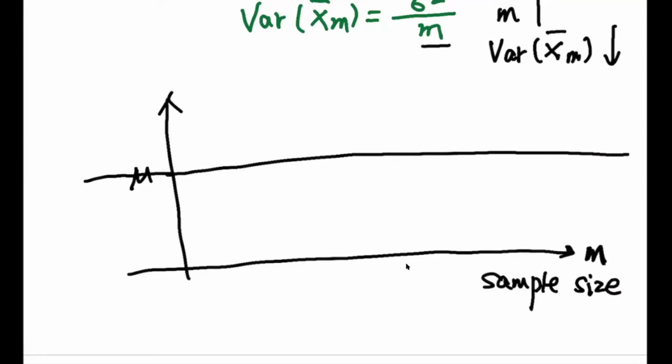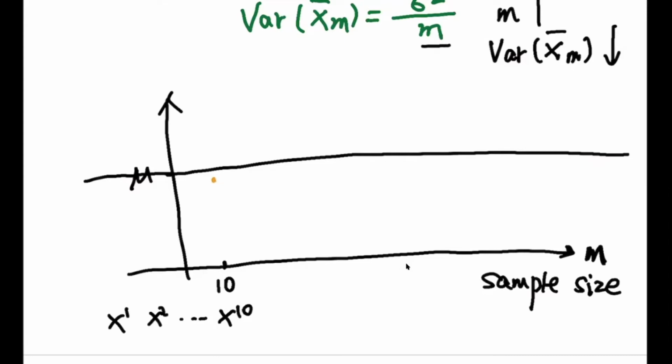And then say I'll use a smaller number firstly, say it's 10, and then I will get x1, x2, ..., x10. I will calculate their average, and then I will get a point. Say maybe it's a little bit smaller than mu. Say it's here. And then I will repeat this process.